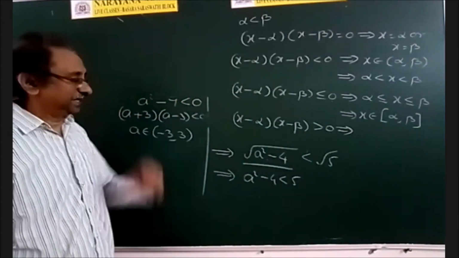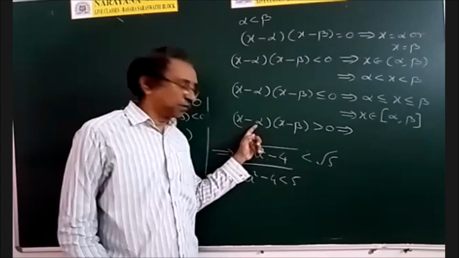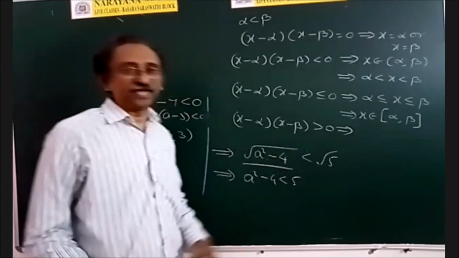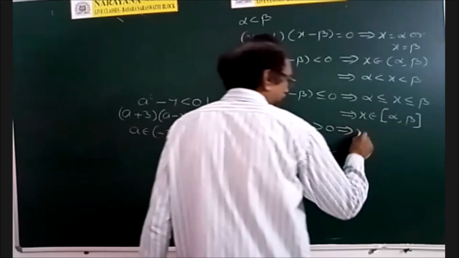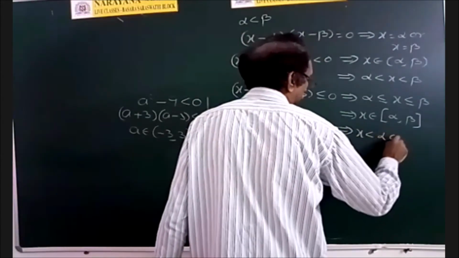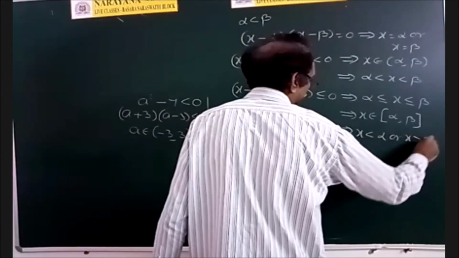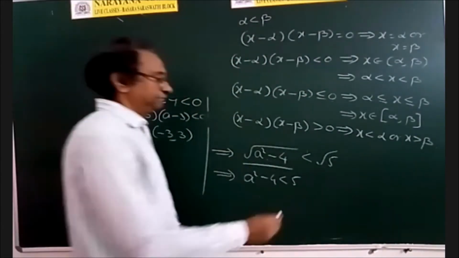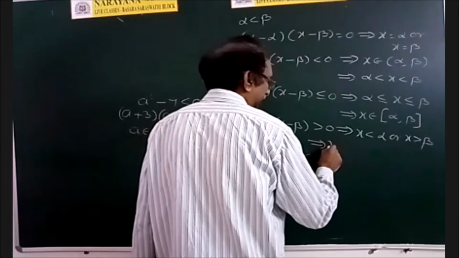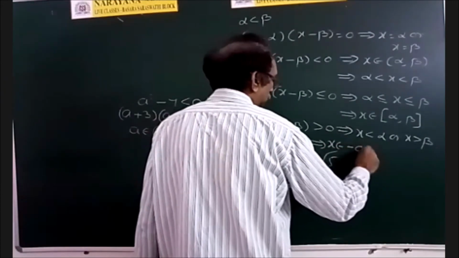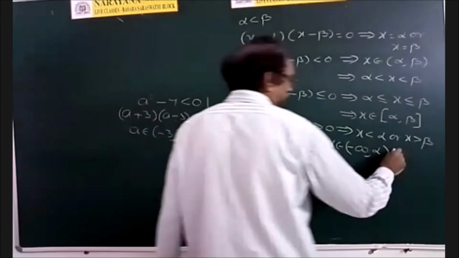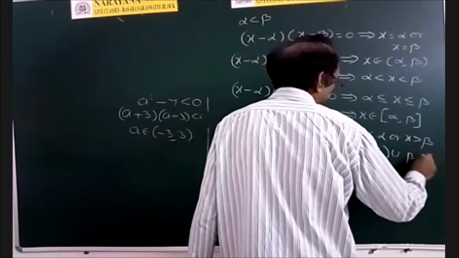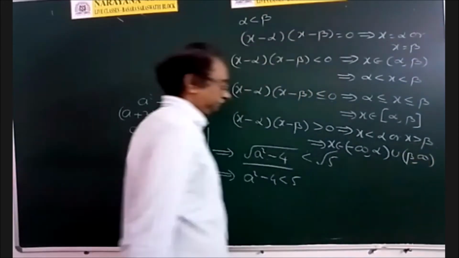That means x should be less than the smaller number or greater than the bigger number. So x less than alpha or x greater than beta. Or it can be written as x belongs to minus infinity comma alpha union beta comma infinity.